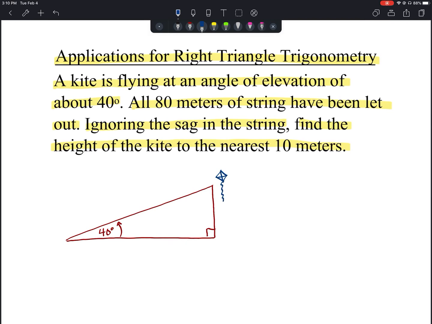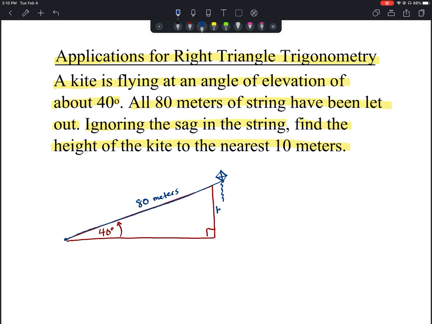Okay, so this string that they have here is reaching all the way up there to our kite. Usually there'll probably be a little sag in it, but we're not getting that involved in this problem. So it says all 80 meters of string have been let out. So we know that the length from where we're holding the kite down here to the kite is going to be 80 meters. And we want to know what the height of the kite is to the nearest 10 meters.